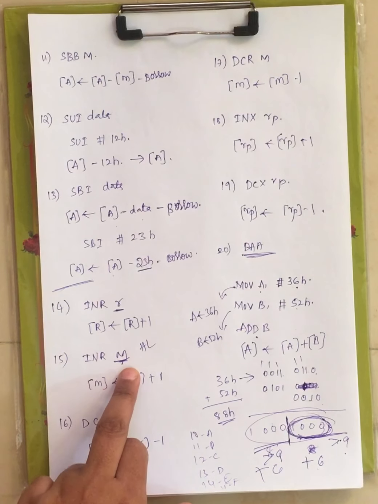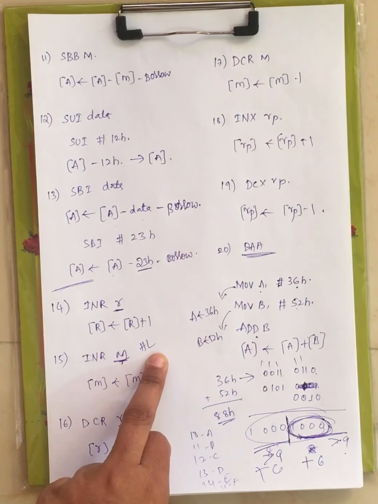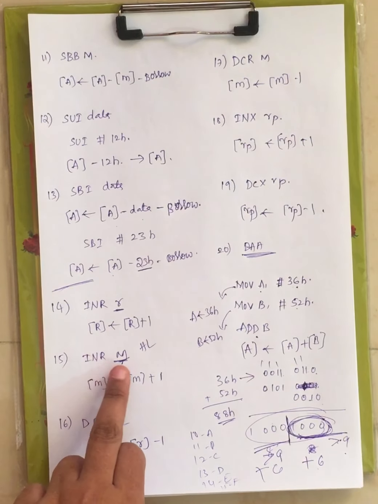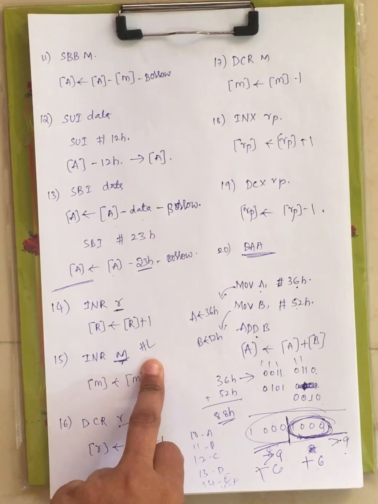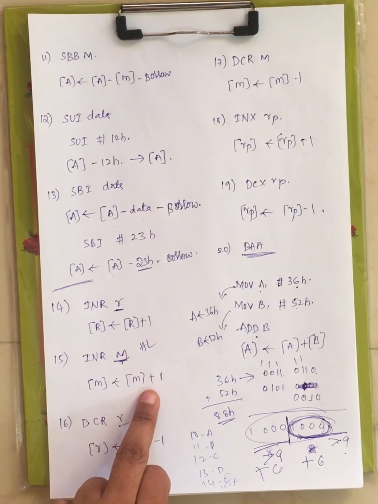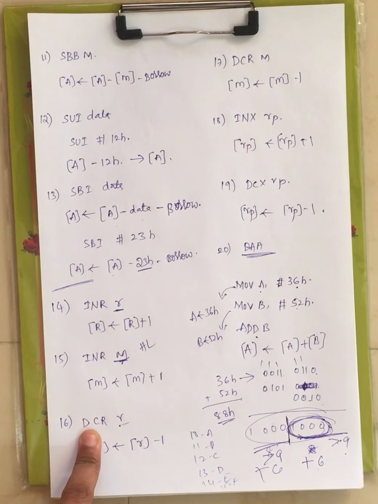Now INR M, right? The memory location that is pointed by the HL register pair and specified within the instruction has its contents incremented by 1, and the result is stored in the memory location itself, right? Now decrementing, right? Incrementing means plus 1, decrementing means minus 1.